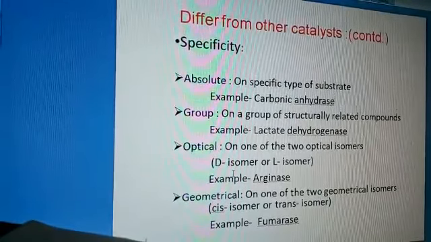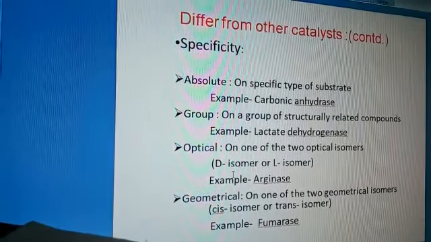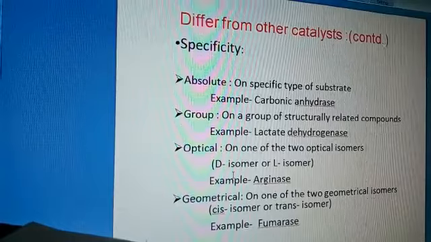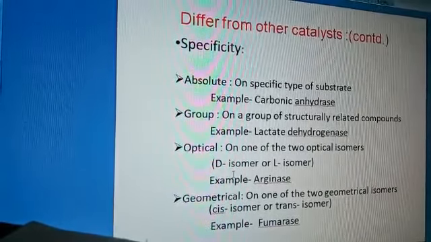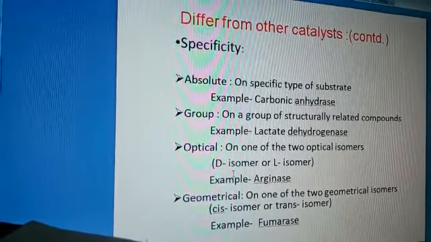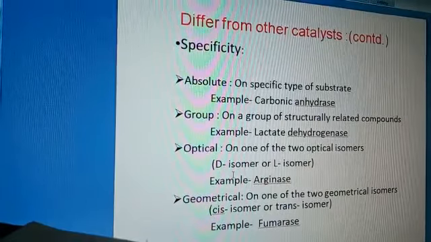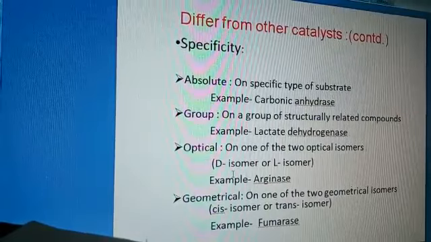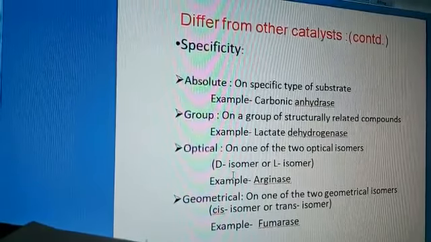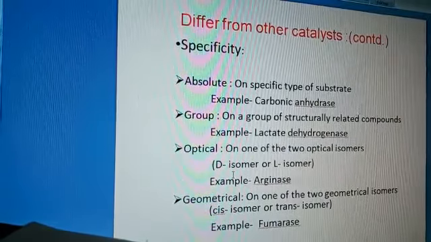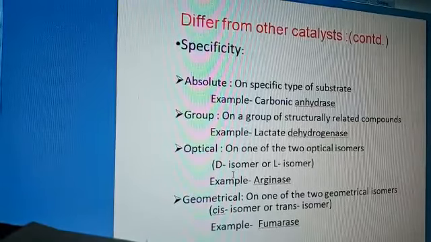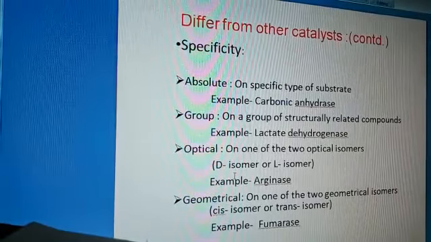Their specificity lies in the fact that they may act on specific type of substrate molecule, for example carbonic anhydrase, or it may be a group specificity on a group of structurally related compounds, for example lactate dehydrogenase, which catalyzes interconversion of pyruvate and lactate, and a number of other structurally related compounds.